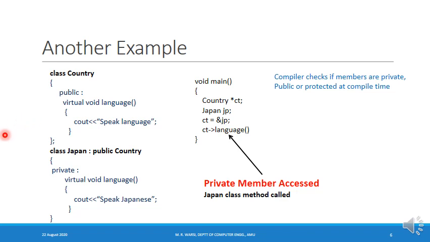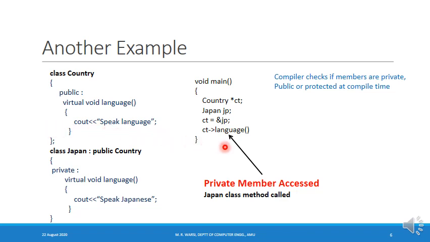Whether a member is a private, public or protected member is checked at compilation time. It is checked statically. At runtime, when the program is running, this checking does not take place.